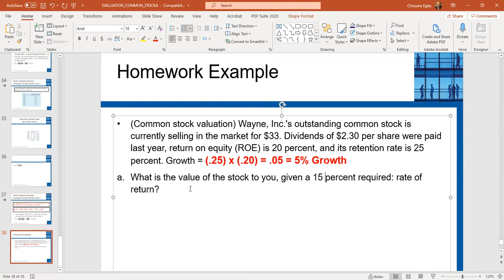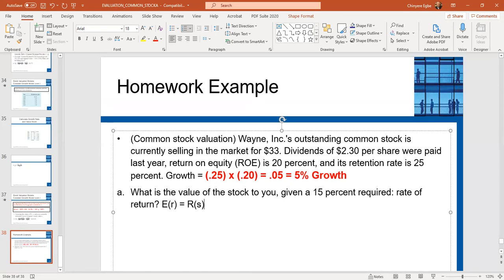So the expected rate of return, which we have been calling R_S, is equal to 0.15. Make a note of that. The expected rate of return is 15%.